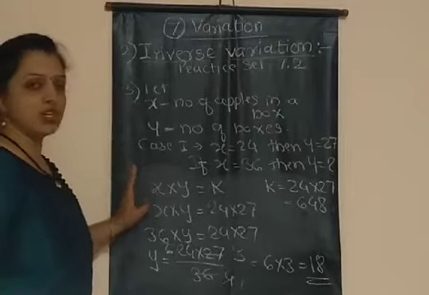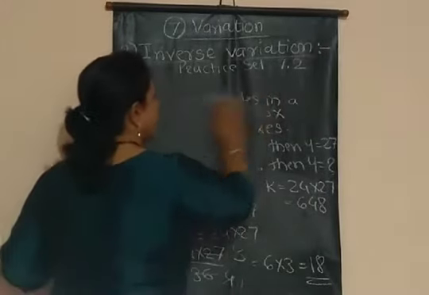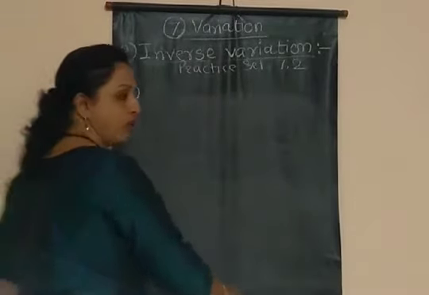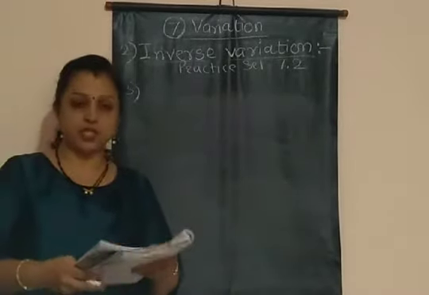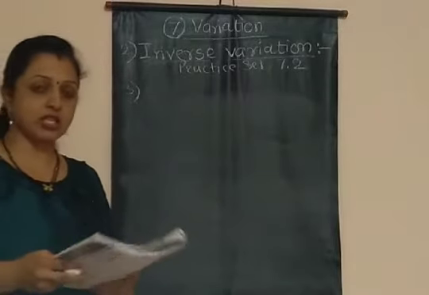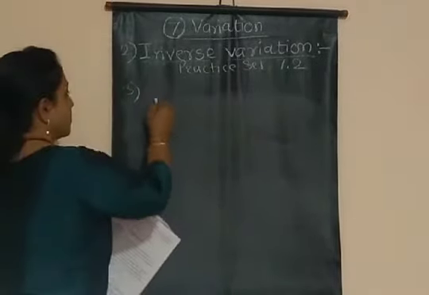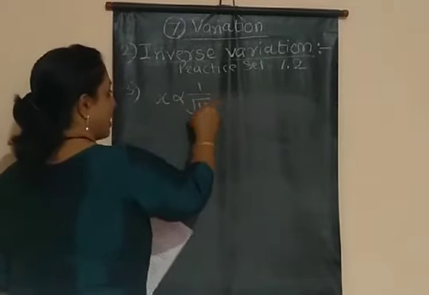So this is question number 3. After that, questions number 4 and 5. These two questions I have given for homework, but now we are going to solve question number 5. If you have any problems in that question, then you can see here. So what is question number 5? x is inversely proportional to under root y.